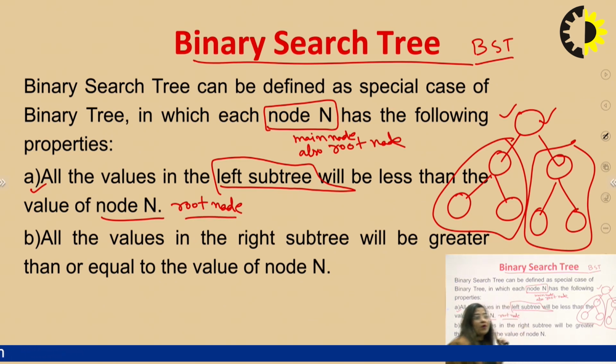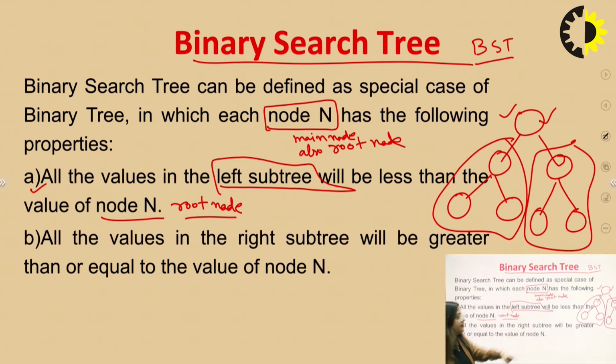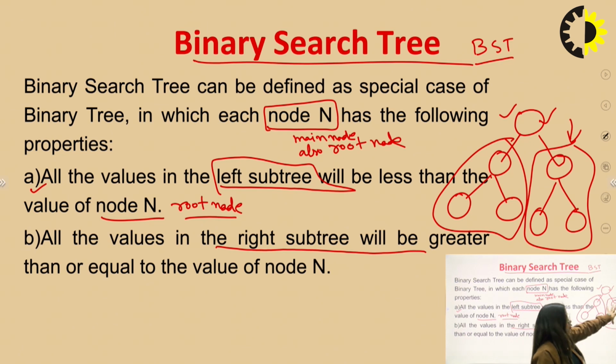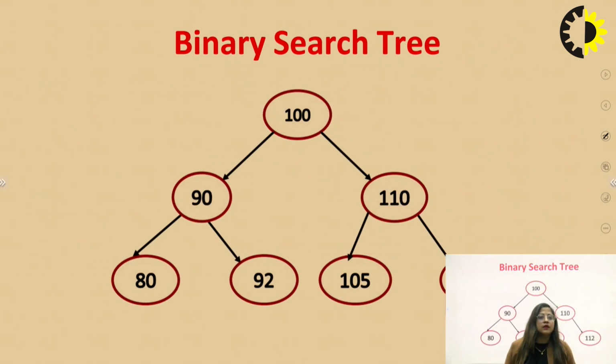And all values in the right subtree will be greater. This one is the right subtree; all values in it are greater than the root node. According to this diagram, this represents the binary search tree.